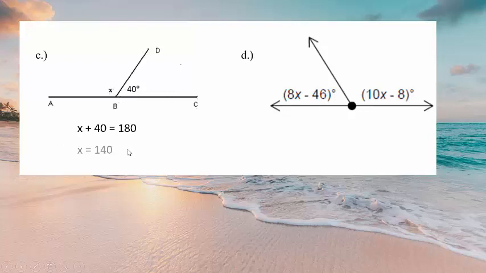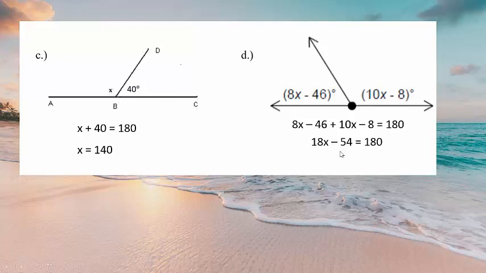And then we go ahead and solve for x to get 140. And then we make it just a little bit more work intensive, not a lot. So you can still see you have this line in the picture. That means your adjacent angles will add to equal 180 degrees. So we'll go ahead and combine these like terms.